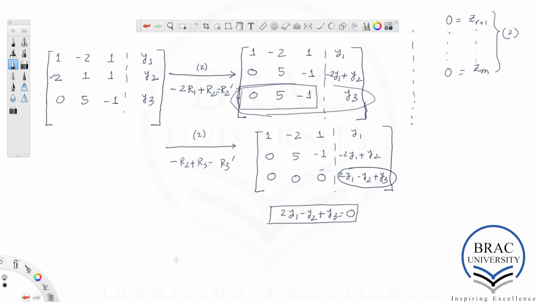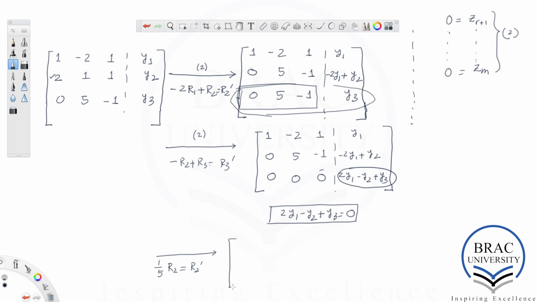But we are yet to put it into the row-reduced echelon form, which we can achieve by doing another couple of elementary row operations. The first one being 1/5 R2 is equal to R2 prime.